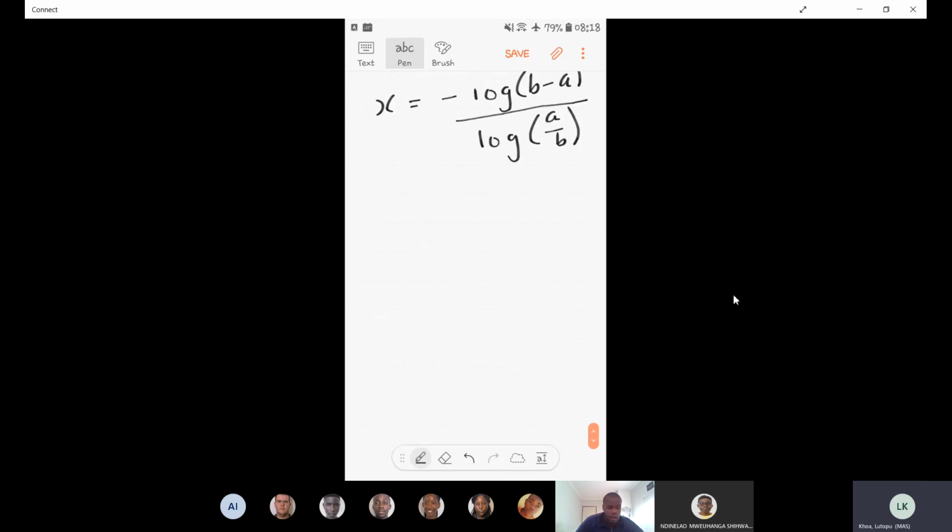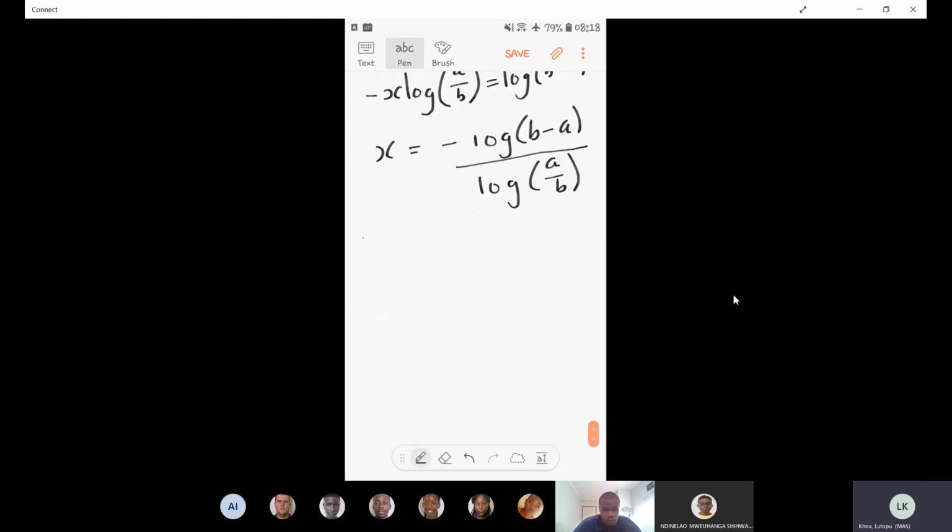Number 19. x over y is equal to ln of m minus n minus ln of m plus n. Here I have to make n the subject of the formula.